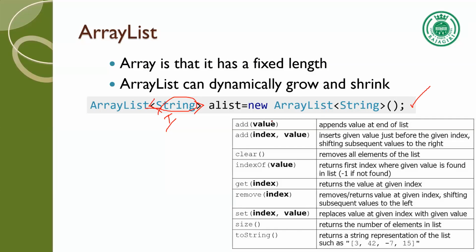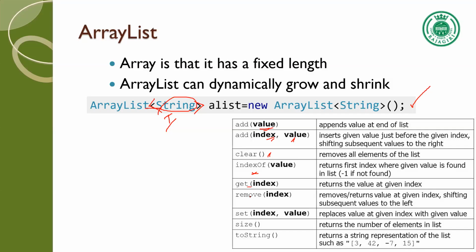You have many methods in ArrayList. To add a value, you have add. You can simply add a value by default, or you can even specify the index together with the value. If you write clear, it means your whole array is cleared and made empty. Then you have indexOf, to calculate the index of a particular element.